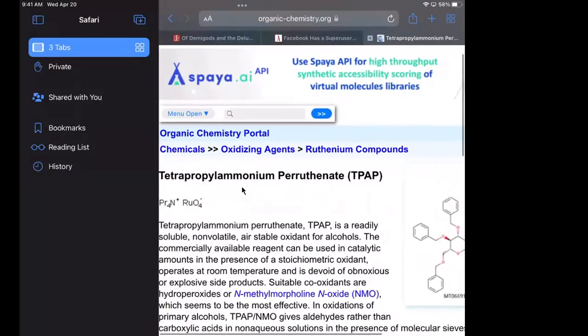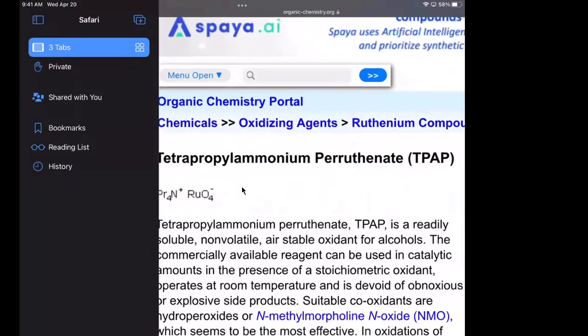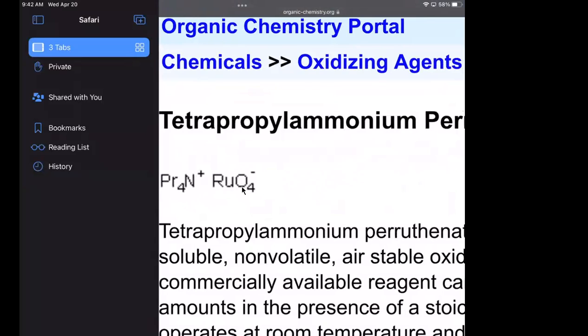So the ruthenium catalyst is tetrapropylammonium perruthenate. This is the ruthenium part right here, the Ru with the 4 oxygens, and the overall catalyst is negative, so the oxidation number is -1, and then the counterion is that tetrapropylammonium. So it's a nitrogen with 4 propyl groups, so 4 three-carbon chains attached to it.